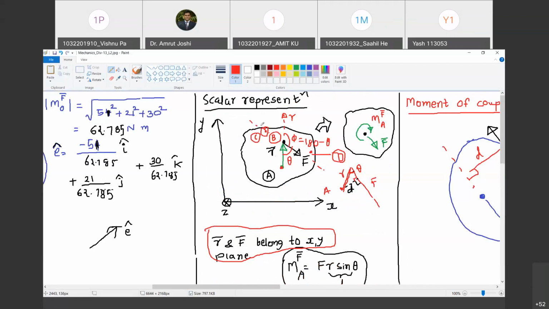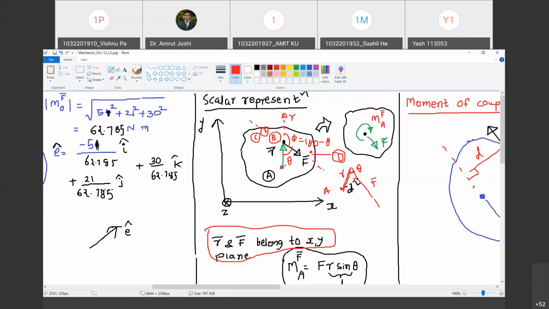For all the points that lie on line of action of force, there will be only translational tendency. Happy? But for all the points that lie outside the line of action of force on the body, they will have tendency of translation as well as rotation. Why?